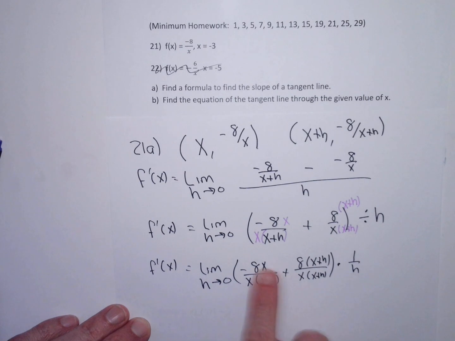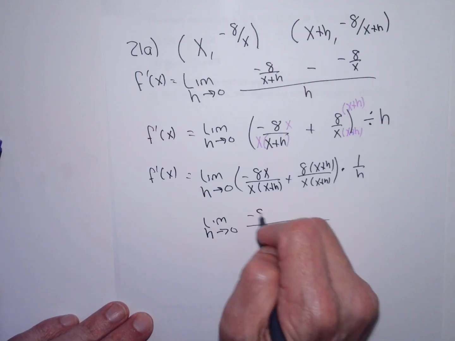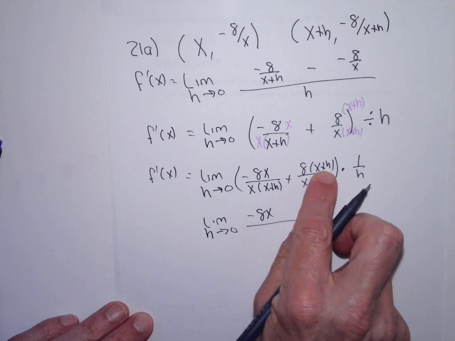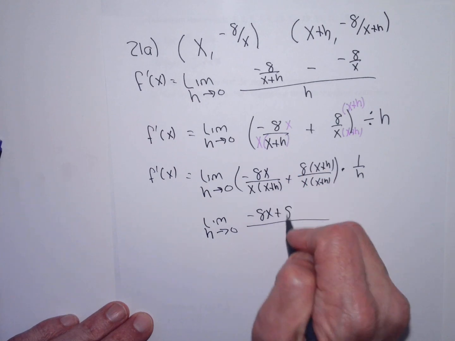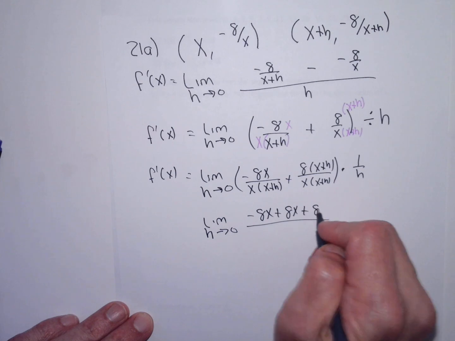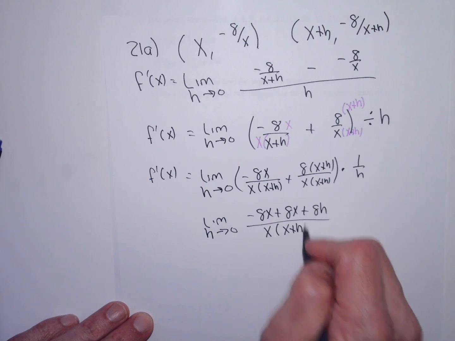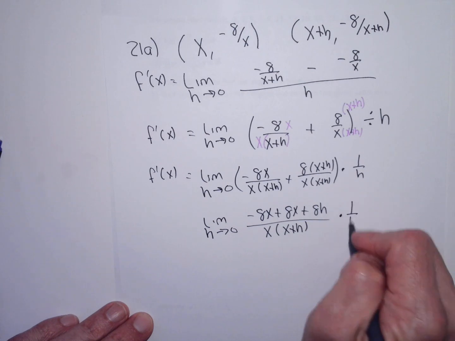Let me work on this numerator now. I get the limit as h approaches 0 of negative 8x, and then plus 8 times x is plus 8x, and then plus 8 times h is plus 8h, over x times x plus h. When I make the two fractions into one, I don't really need the parentheses anymore.